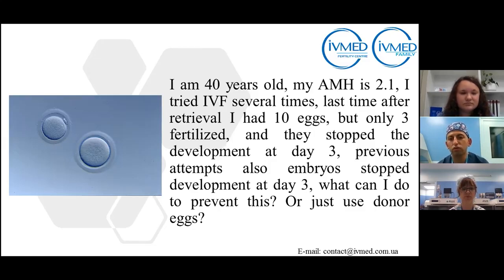And of course, for such a case, it is always better to use time-lapse technology because we will be better able to understand exactly the reason for the stop in development and at which stage we get this undeveloped embryo. So what we can suggest, of course, is to use donor eggs as an easy solution, but mostly all patients try first with their own eggs.